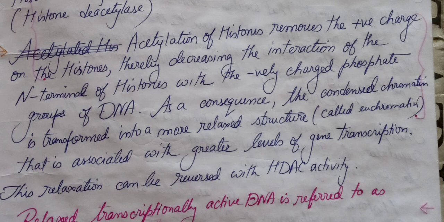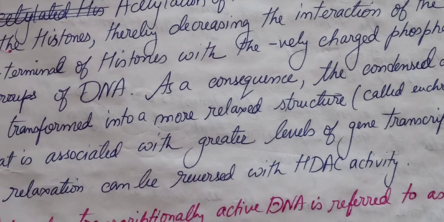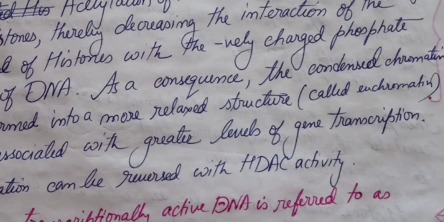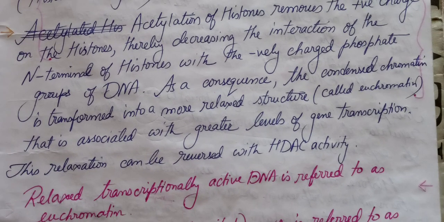The interaction becomes weak between the histones and the DNA, because the histones' positive charge is reduced by the transfer of acetyl groups to the positively charged amino acids. Thus, condensed chromatin, which is also called heterochromatin, is transformed into a more relaxed structure called euchromatin, which is associated with greater levels of gene transcription, right?